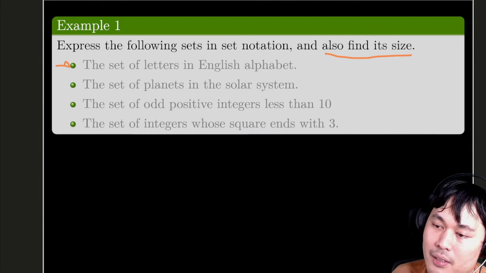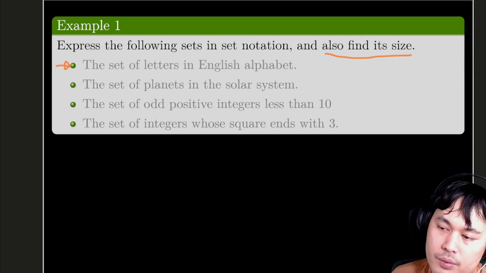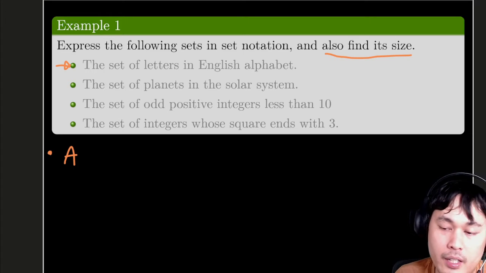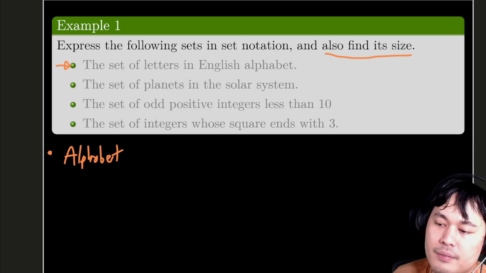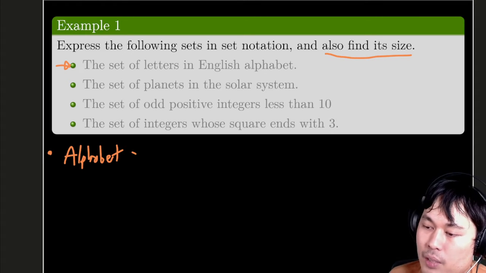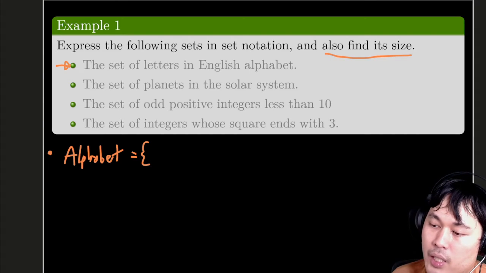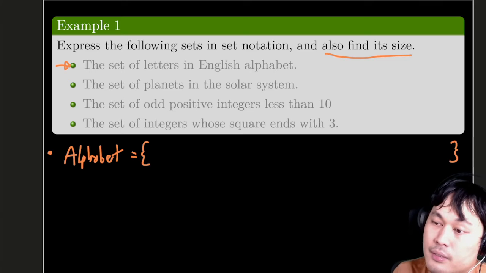If you want to write the set of letters in the English alphabet, you would first give it a name. Let's say A, or maybe alphabet. You can write anything you want. Then we write it in set notation: an open curly bracket and then a closing curly bracket.